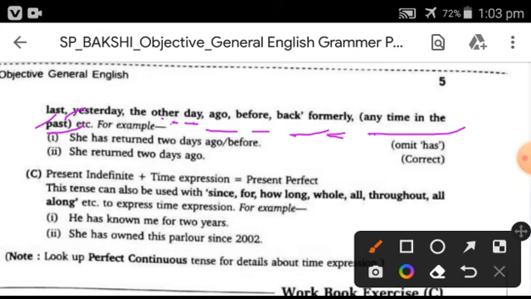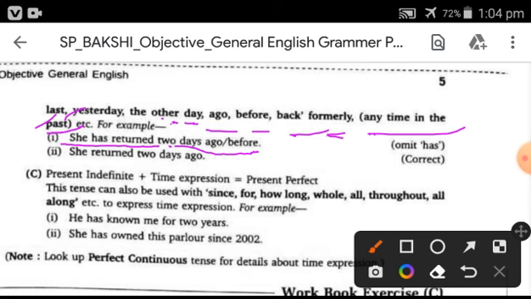She has returned 2 days ago or before. Ago or before is a past time word, and when a past time word is used in a sentence, then we have to use past indefinite rather than present perfect. So in order to correct this sentence, we have to omit has from this sentence.